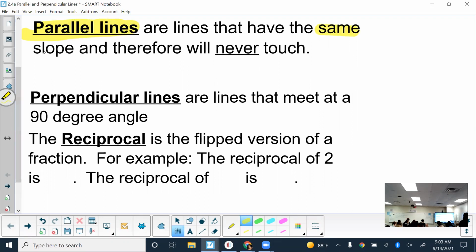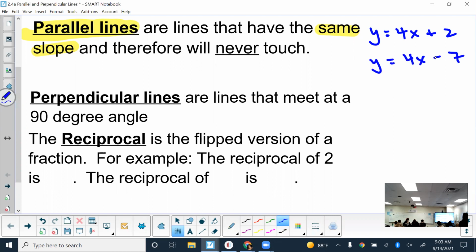And if they have the same slope, they will never touch. So for example, if I have like y equals 4x plus 2 and y equals 4x minus 7, all right, the y-intercepts don't really matter. We're just looking at the slope. If it's the same, then those lines are parallel.